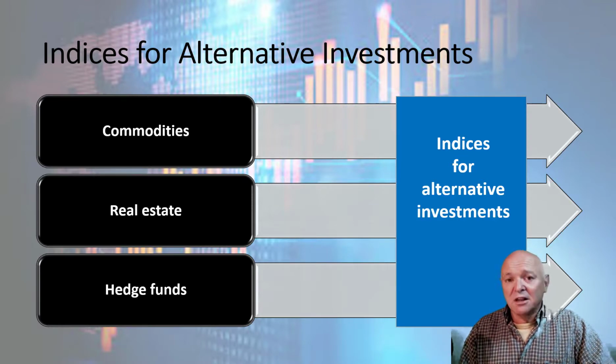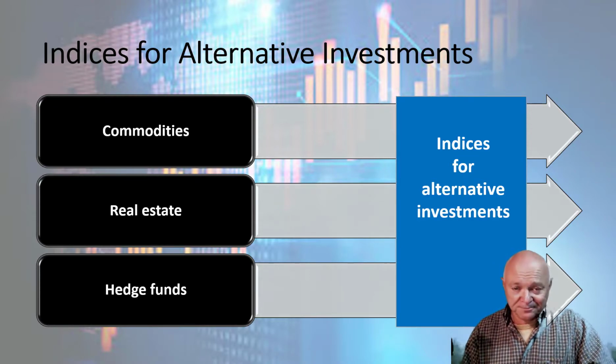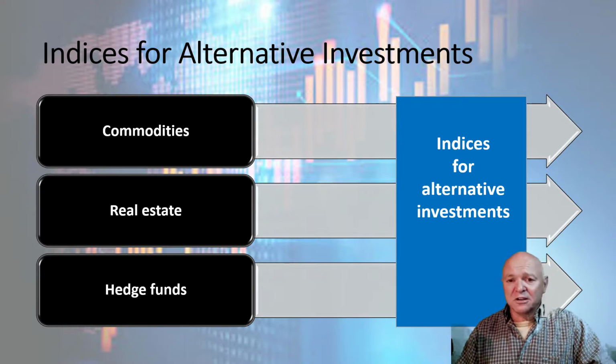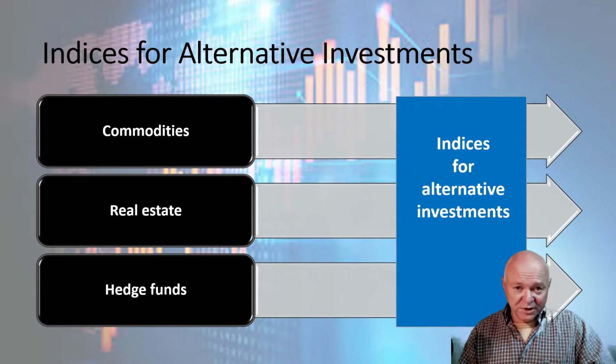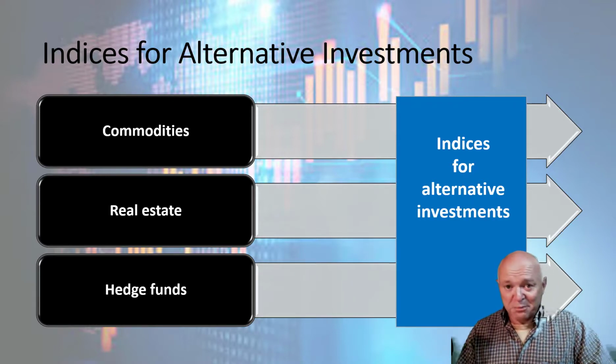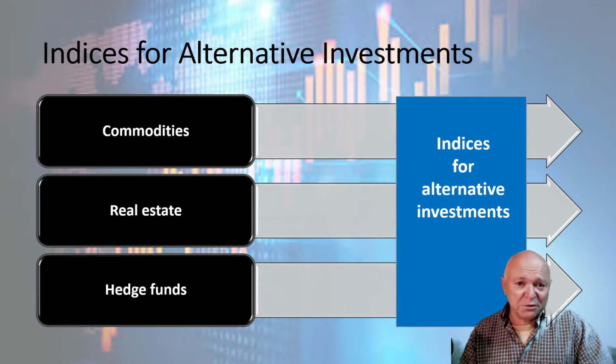For example, commodities, investing in oil, investing in gold, silver, copper, wheat, jet fuel. Those are certainly things that we define as commodities. We can also invest in real estate, either directly by buying property or indirectly by buying property-backed securities. And we can invest in specialized finance vehicles like hedge funds and private equity.